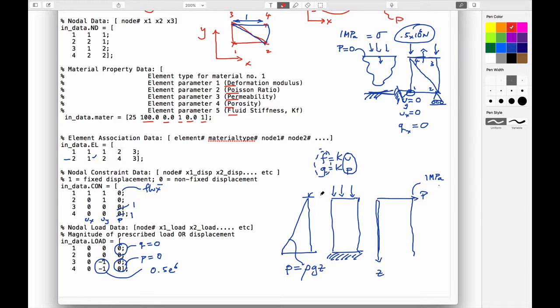And what would happen with time? This is open, so the fluid can go out of here, but the fluid can't go out of here. So by definition, physically, it would look like this would be time equals 0 plus.